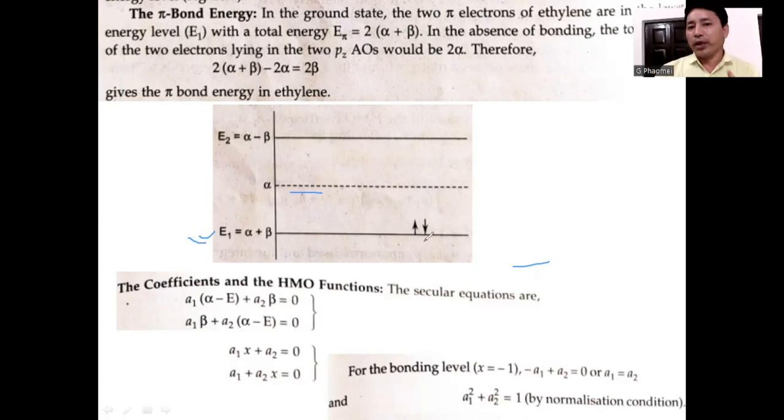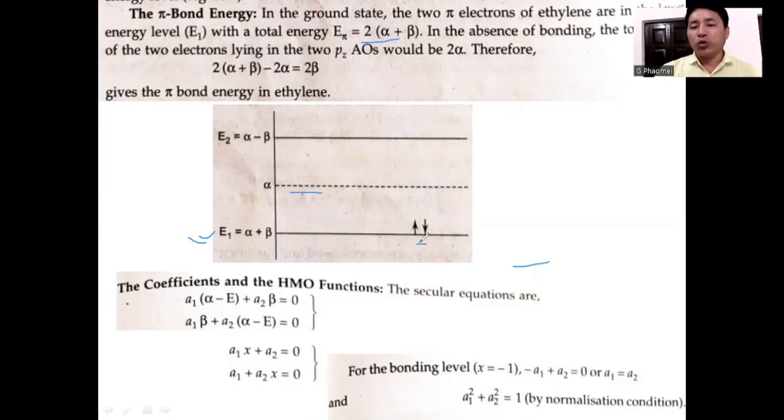Therefore, the pi bond energy will be 2 into alpha plus beta, and it is given here as 2 into alpha plus beta. For E2, since there is no electron, it will be 0 into alpha minus beta, so it will be 0. So we take 2 into alpha plus beta, and if these 2 electrons are not in this orbital, then they will be in the 2p atomic orbitals.